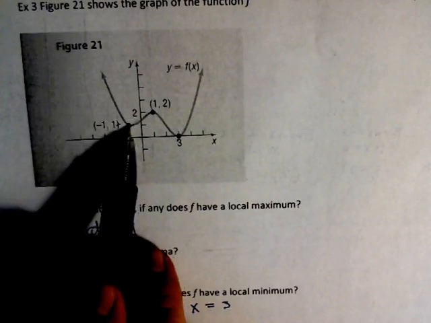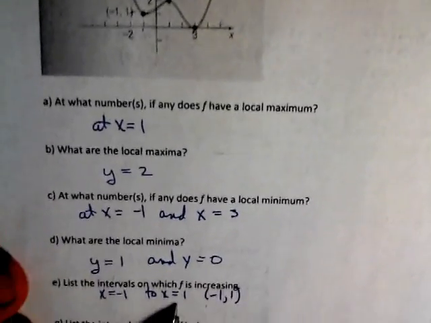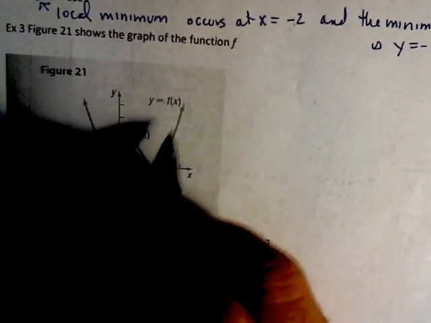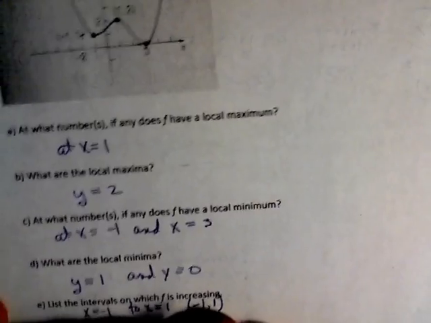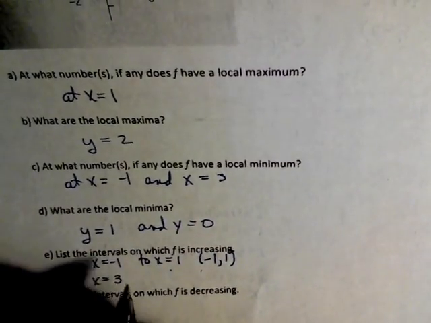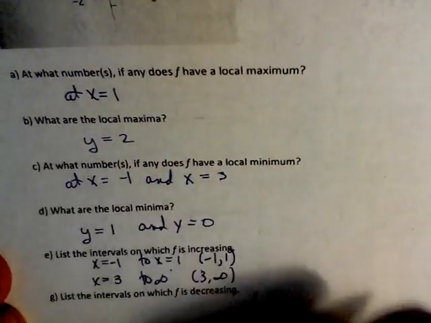And I know it's going to confuse you because that same point there looks like that same interval. So write it like this if you're worried you're going to mess it up. The other place it's increasing is from X is 3 to infinity. And it can be written like that. Okay.